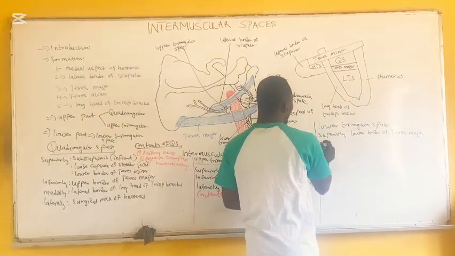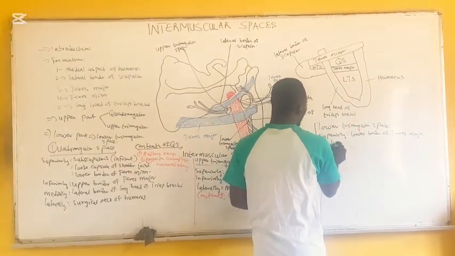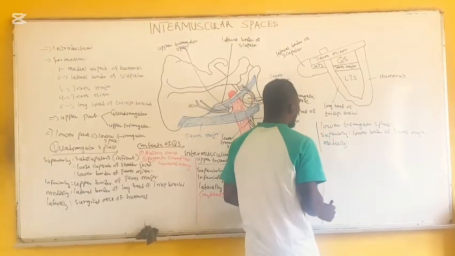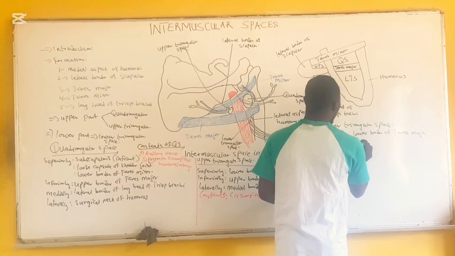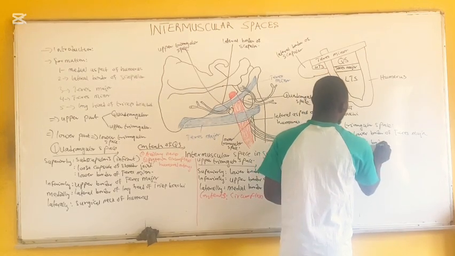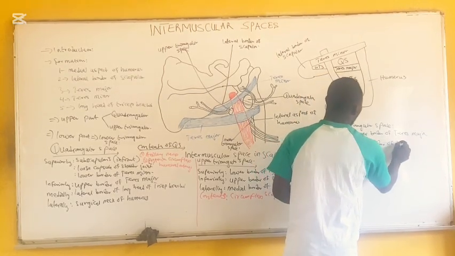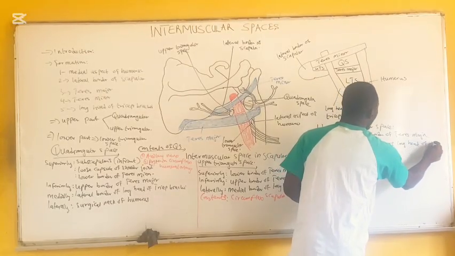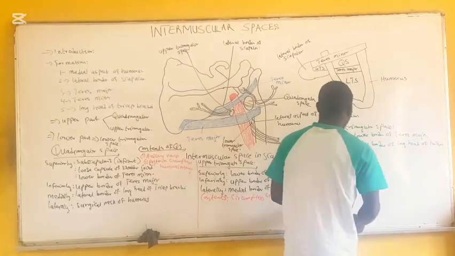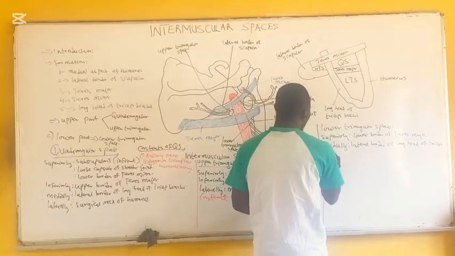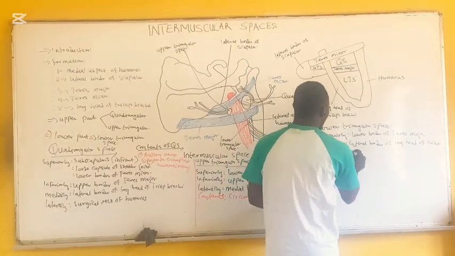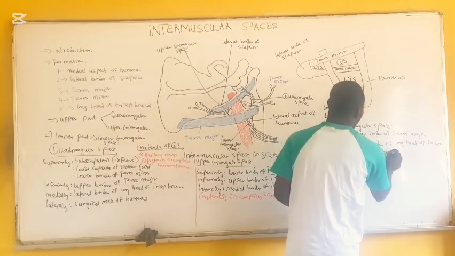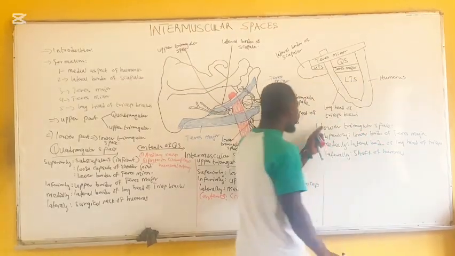It is bounded medially by the lateral border of the long head of triceps brachii, and it is bounded laterally by the shaft of the humerus.